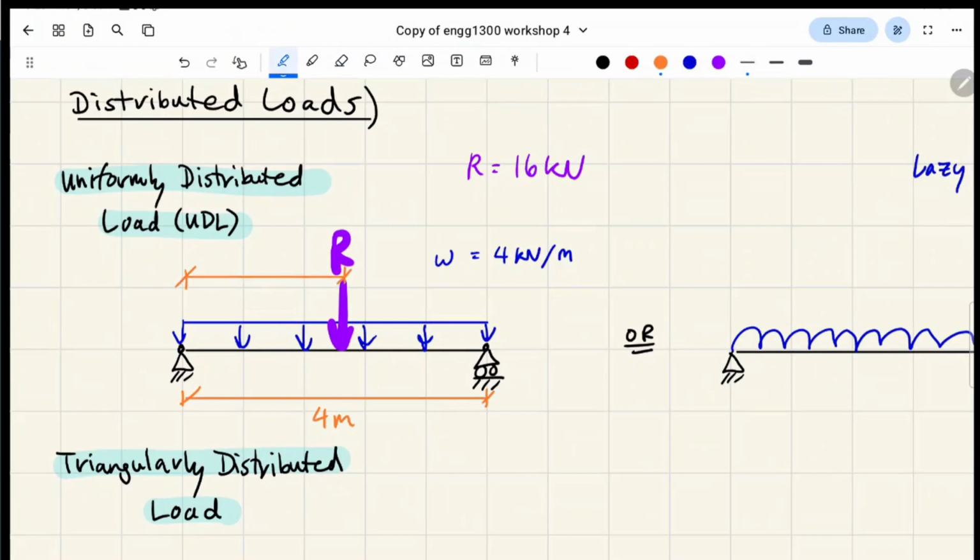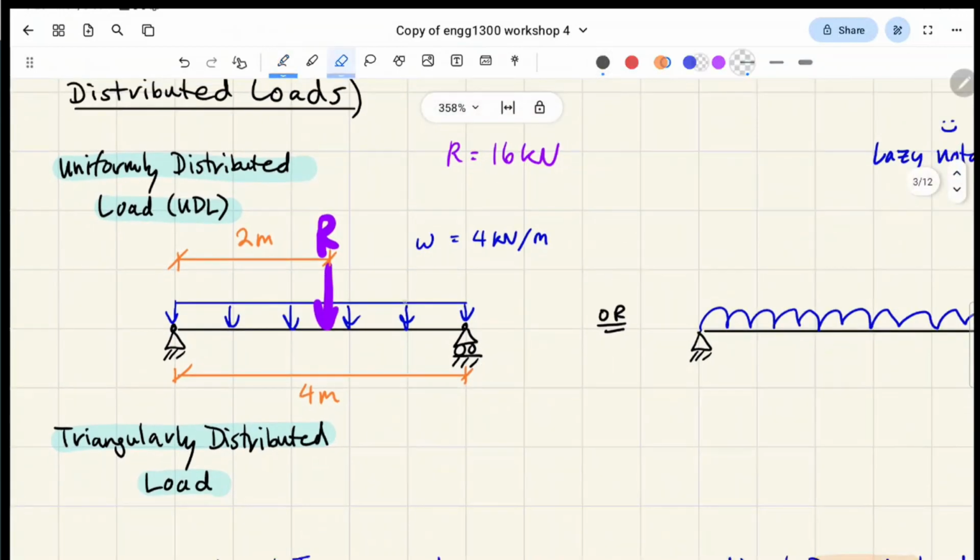And so when we talk about a distributed load, you also want to find the centroid, right? And so it's half the length of the distributed load. So in this case, it would be 2 meters to get to where the resultant load is. And so just be careful.